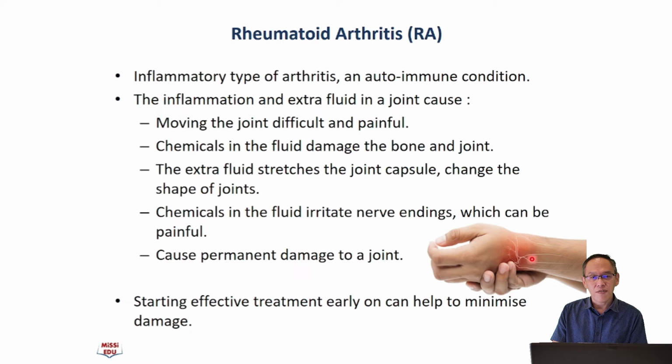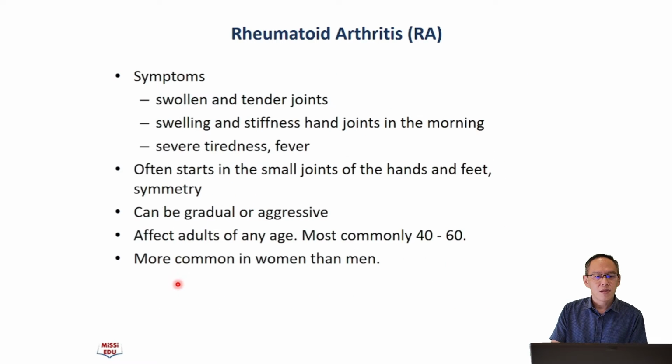It commonly affects the wrist area, causing a lot of redness, pain, thickening, swelling, and morning stiffness over the wrist area. If you diagnose early and start the treatment early, you can prevent further damage to the joint. So the common symptoms are swollen and tender joints, and swelling and stiffness of the hand joints in the morning, causing morning stiffness, associated with severe tiredness and fever.